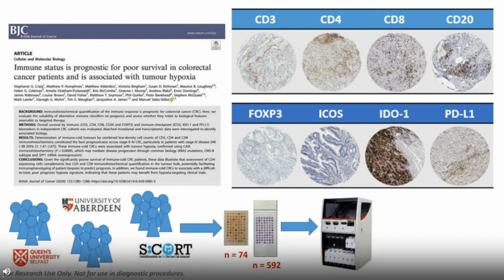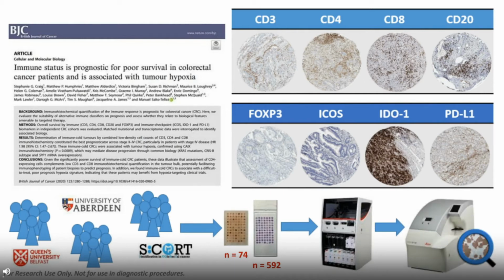We actually only had to restain one sample, so less than 0.5% of the samples had to be restained to pass quality control. And from this wet lab experiment, we were then able to digitize this information using the Aperio AT2 scanner so that they could be processed by digital image analysis to create digital results.